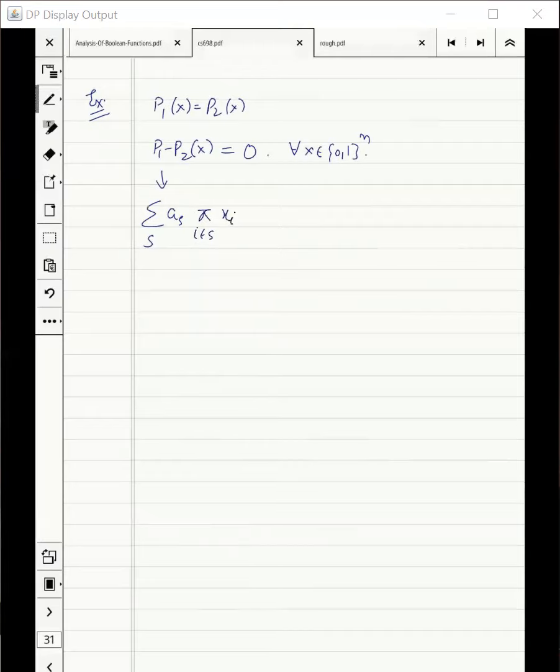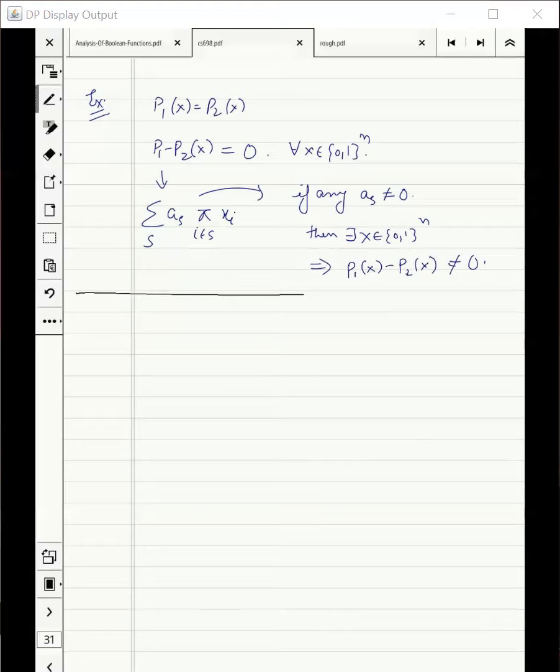What you need to show is that if any a_S is not equal to 0, and here you will use the same ideas which Udit said for the induction argument, then there exists some x in {0,1}^n such that P1(x) minus P2(x) is not 0. This will give you a confirmation. But I will leave it to you to finalize this argument. This is the direct way to prove that our representation is unique.